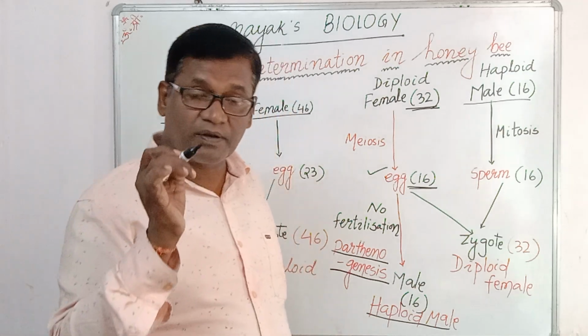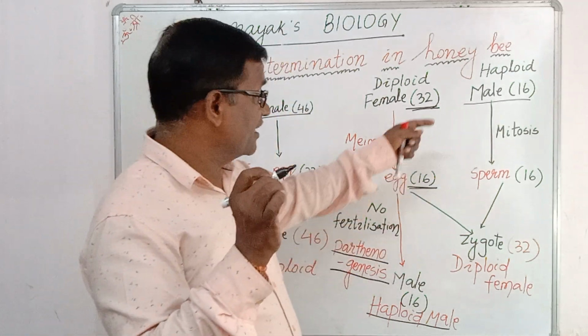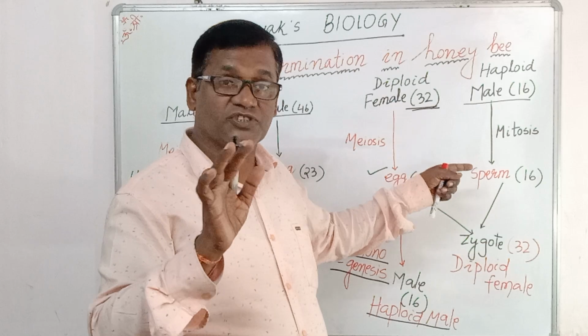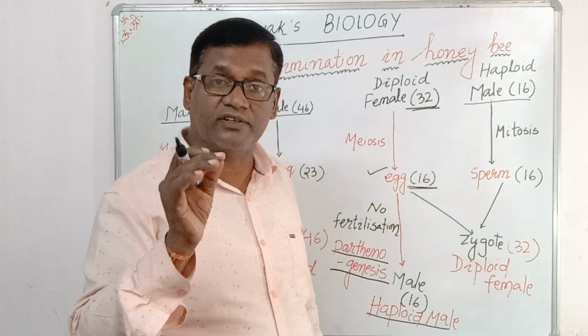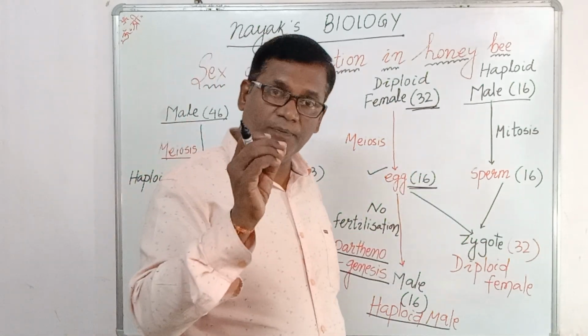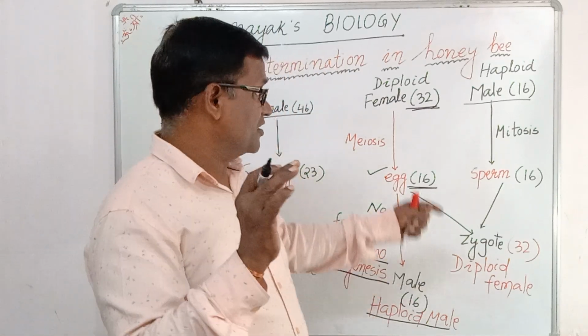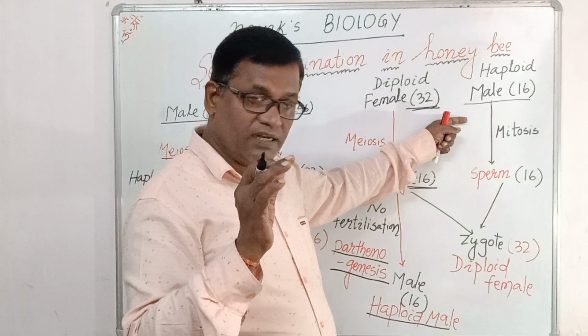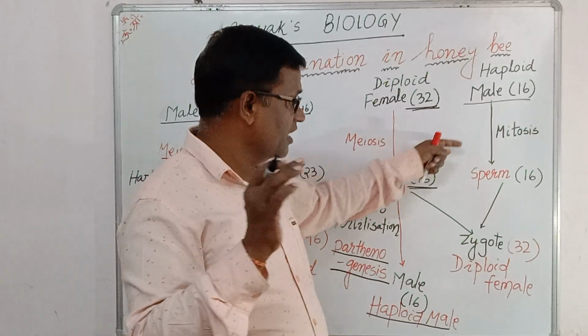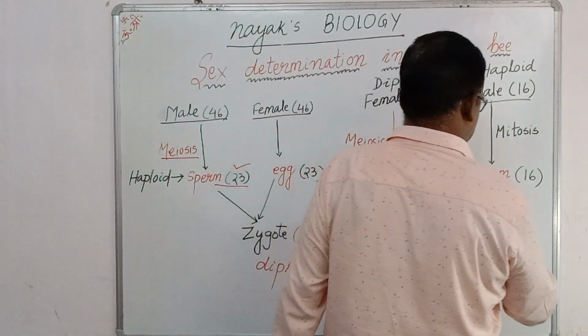If there are 16 chromosomes in the male, it cannot go through meiosis, because reduction division does not occur at all; haploid parents always follow mitosis, not meiosis. That's why the haploid male follows mitosis and forms the sperm cell.